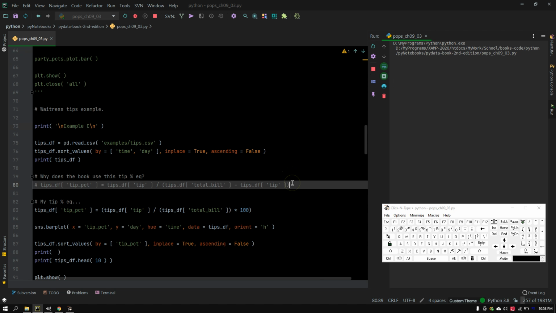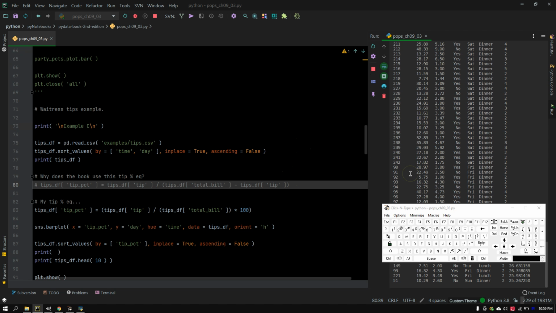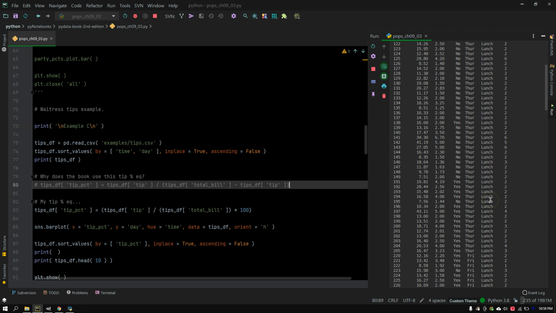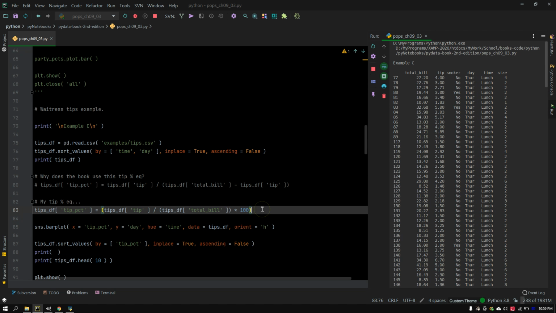I noticed that the book uses this equation to display percentages, but I'm using this one here, which is really a percentage for the tips, like 20% tip, 15% tip, and so on.